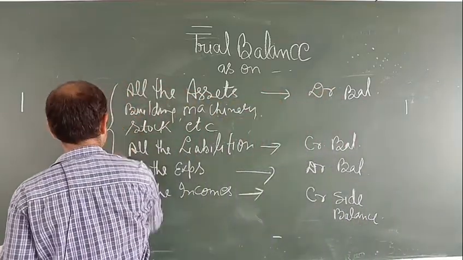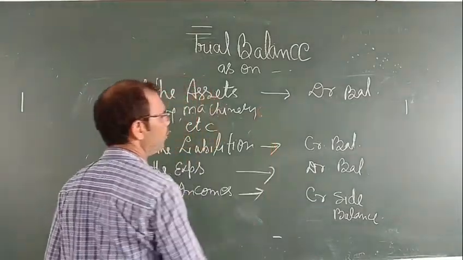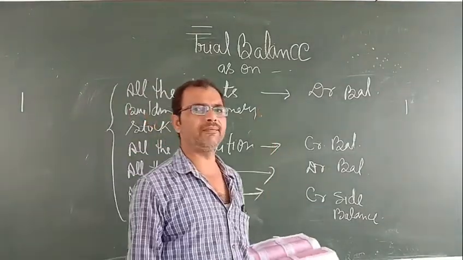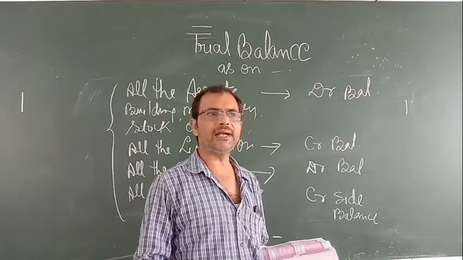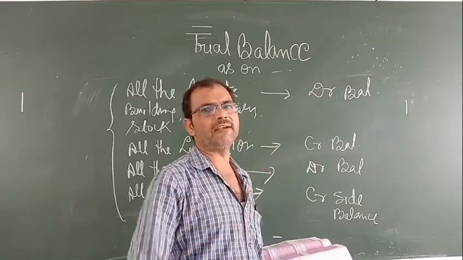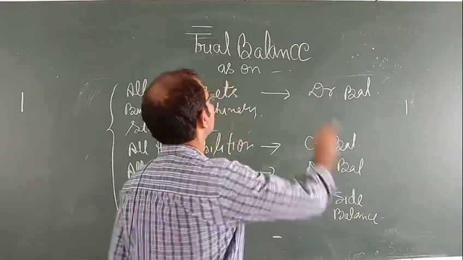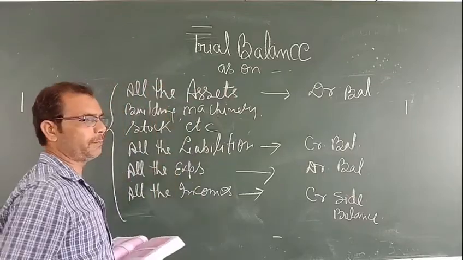All these things you will have to learn, and when you know which account has which type of balance, you will write there and you will get the answer. The main important thing is both sides will have the same balance in the trial balance. You will have to learn all these pinpoints.